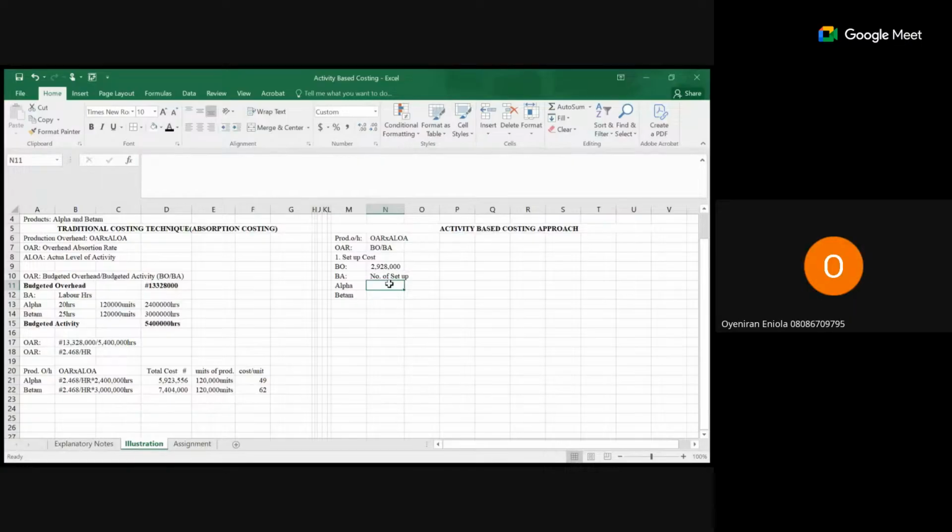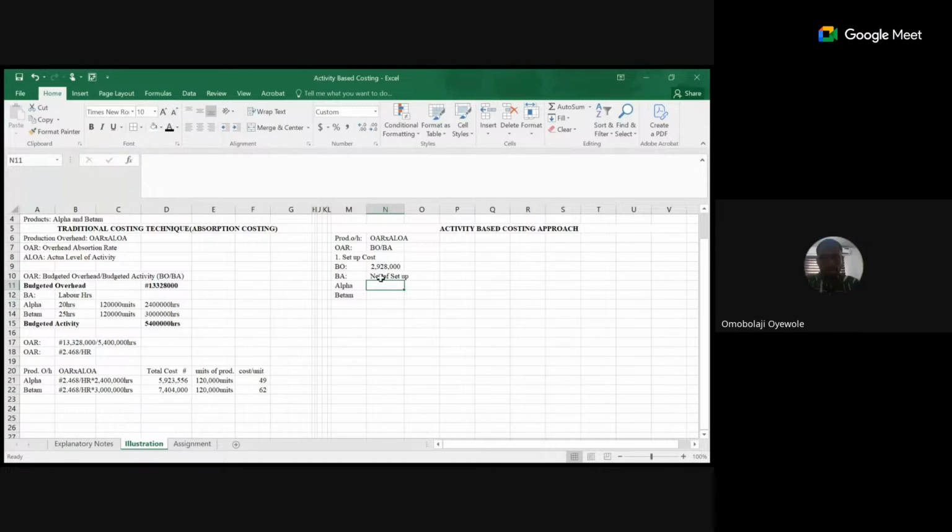Now, for number of setups, let's check. If you look at it, we have number of setups per batch, right? Now check under it. You're going to see batch size in units. So our number of setups per batch is based on the batch size in units.